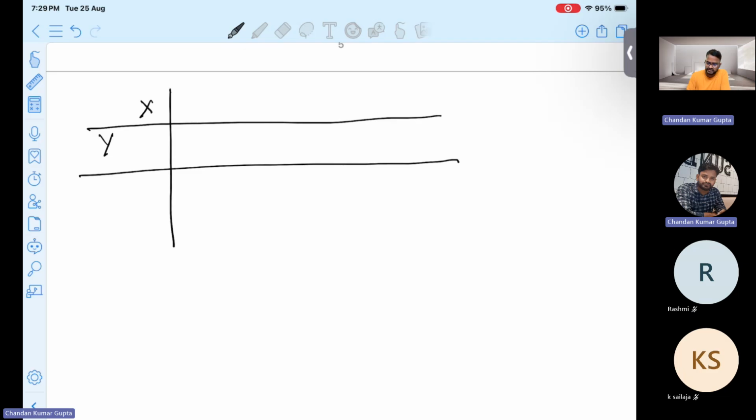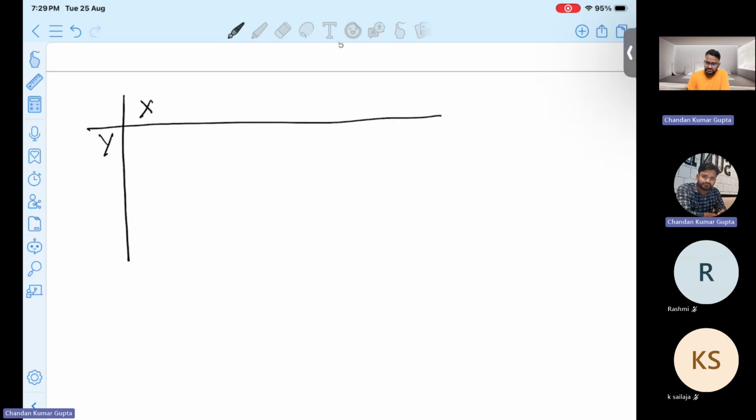The y value is either 1 or 3. The x can take values 0, 1, 2, 3.